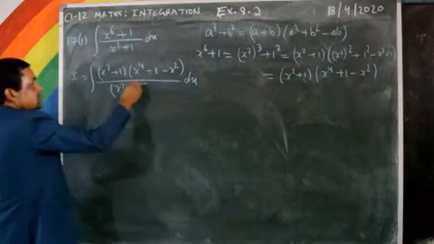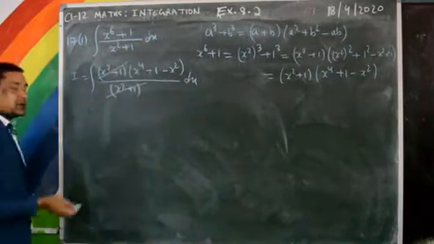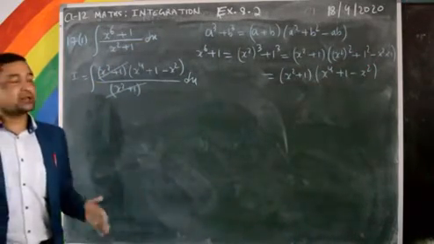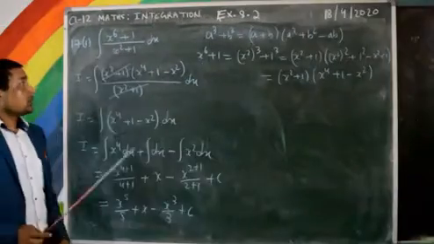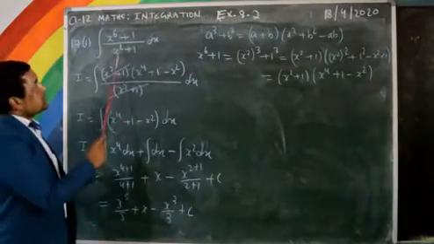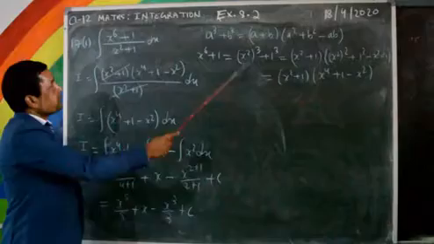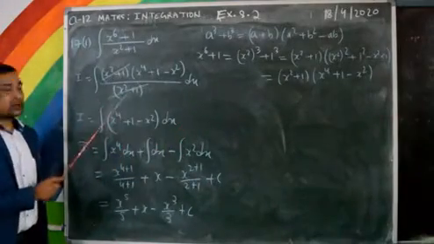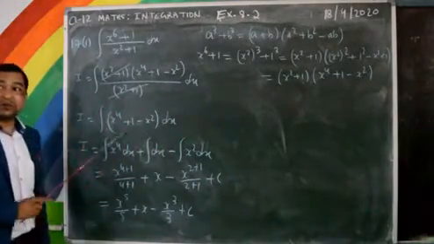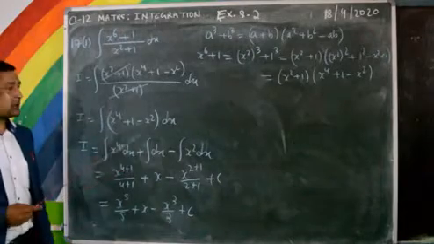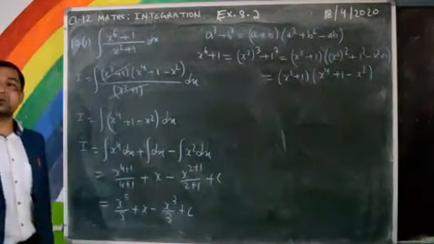Now this x square plus 1 and x square plus 1 get cancelled. Now the question is converted into simple form. That's our 99%. After replacing the numerator by its formula, one of the factors and the denominator got cancelled, then the question converted into simple form. After converting into simple form, 99% of your work is over.